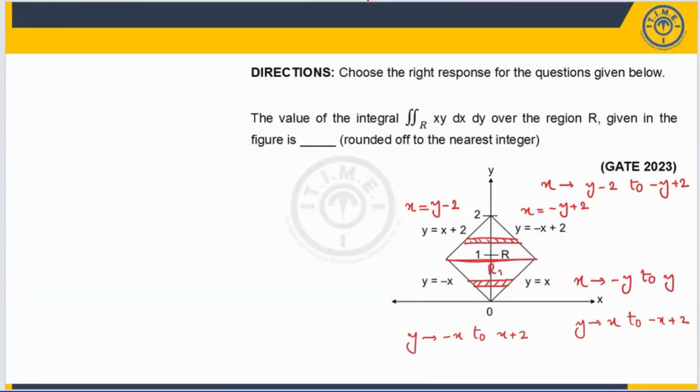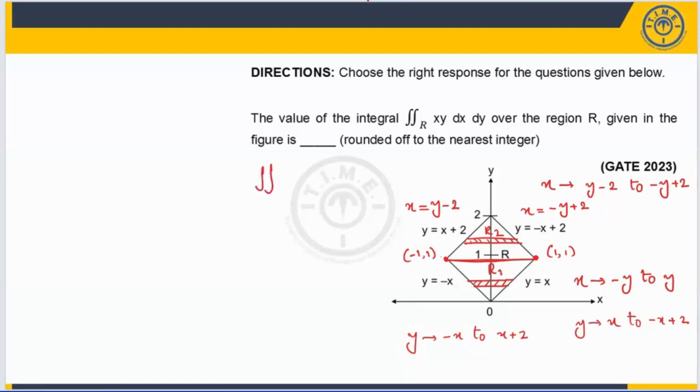The below region I'll take as R1 and the above region I'll take as R2. Okay. So what is this point? This point is (1, 1) and this point is (-1, 1).